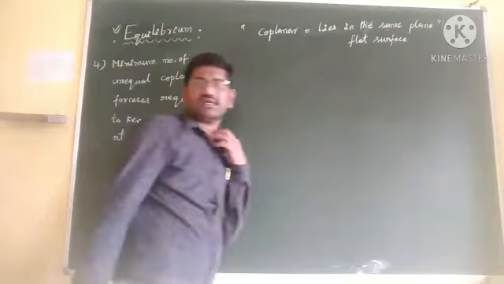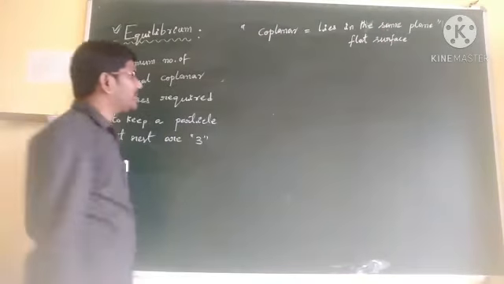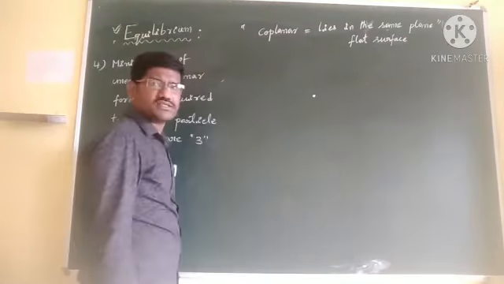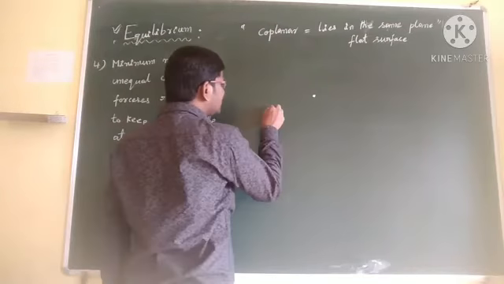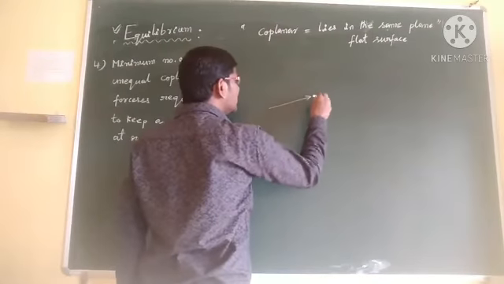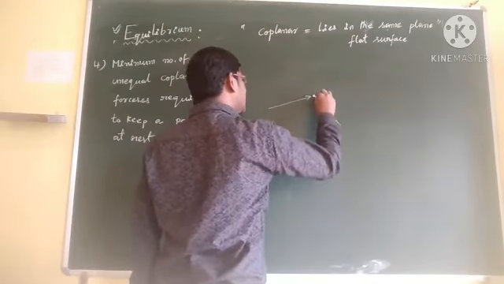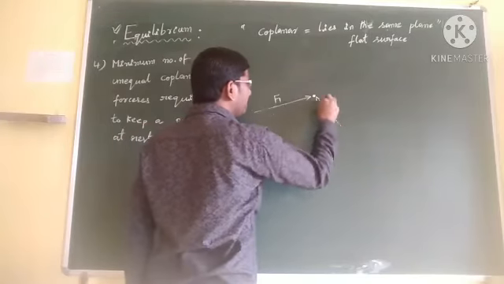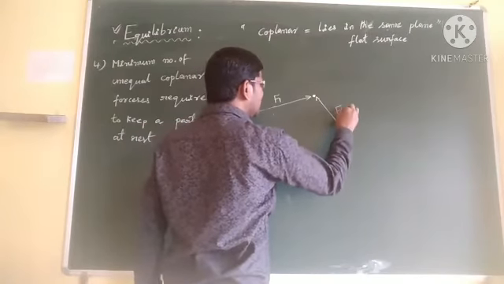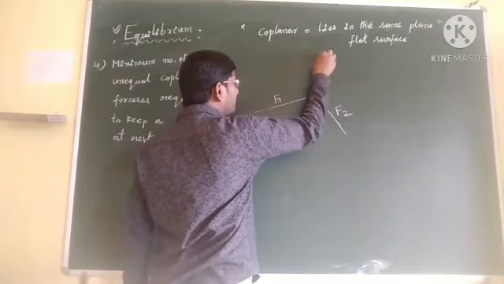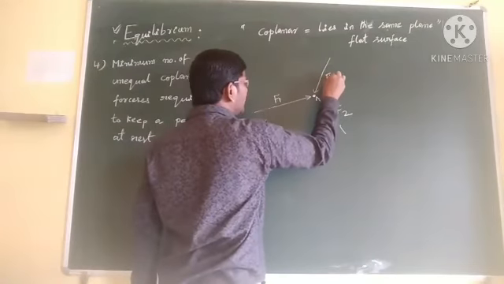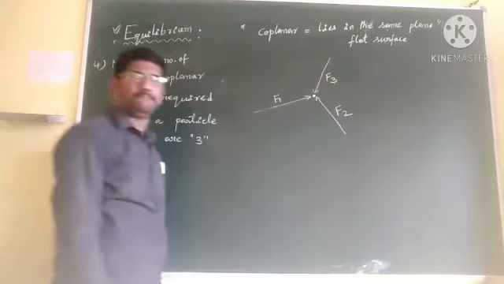It is a flat surface. Okay, students. Now this is a point, and this is one force, and this is another force. So this is the first force F1, this is the second force F2, and consider this is the third force F3.